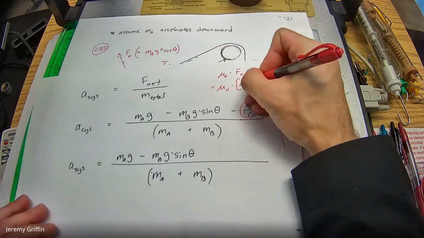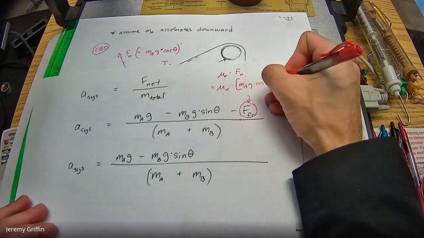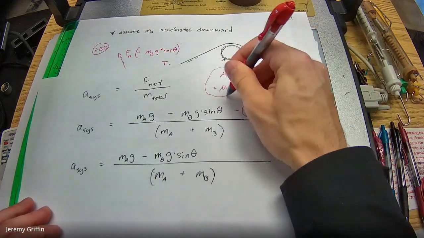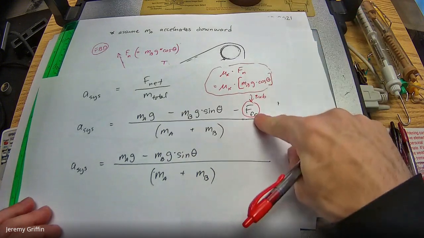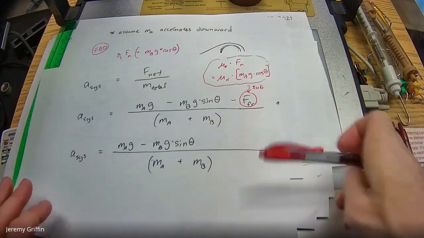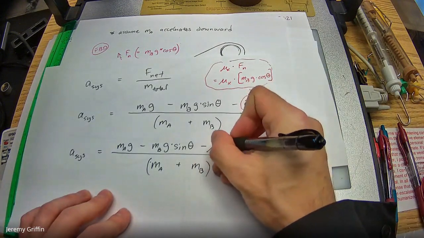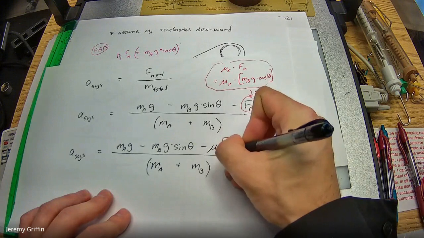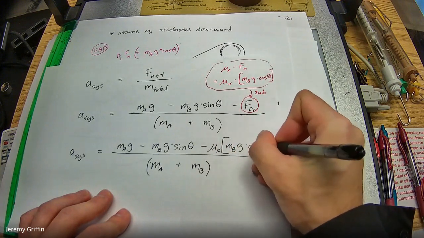So MBG cosine of the angle. A little substitution right there. That gets substituted into the friction force expression right there. So to finish this off, this would be minus mu k times MBG cosine theta.